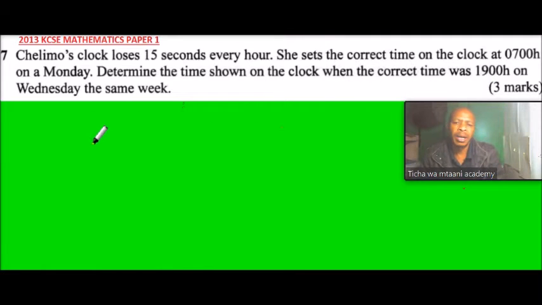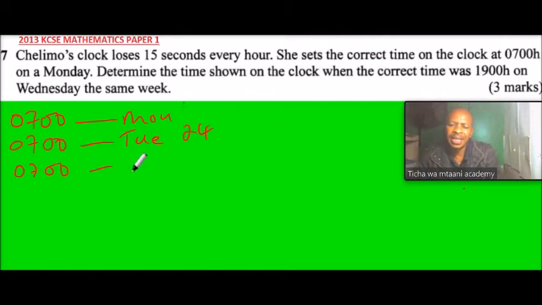So just to simplify that, we can say this is the time the clock was set. That was on Monday. So it means on Tuesday at 7:00, from Monday, those are 24 hours. Then from Tuesday 7:00 to Wednesday 7:00, those are another 24 hours.